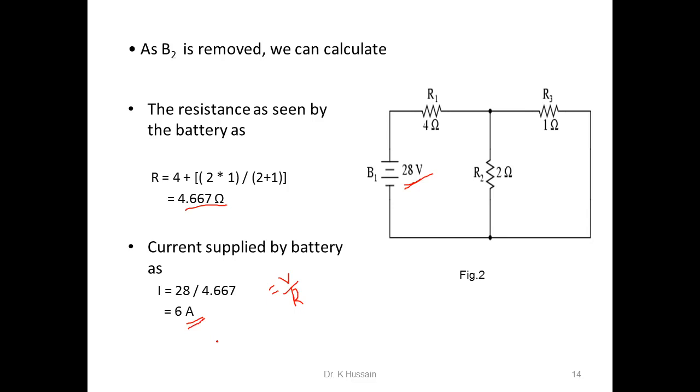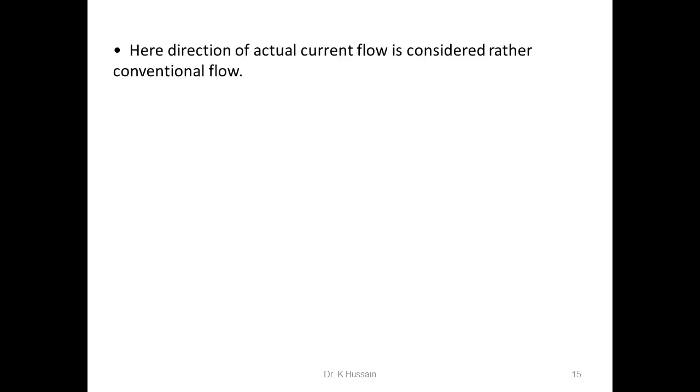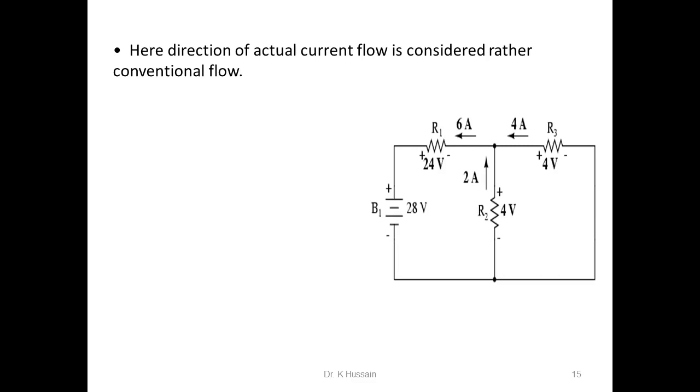In the second case we will see how it is, because at that time you have to take only the other source, not V1, it should be V2. Now we will see that. This is also the same. You can observe the directions of currents also. Already we found how much it is. In this case the total current is given as 6.